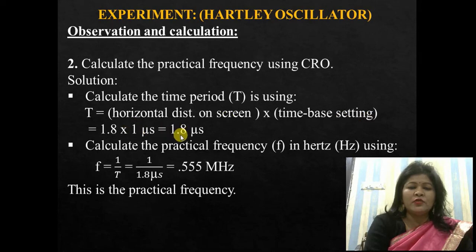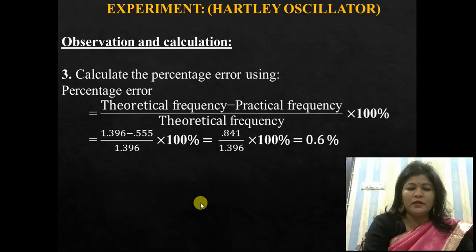So this is your 1.8 microsecond, and then you can calculate the practical frequency. So f is equal to 1 upon T, as you know. After calculating, the practical frequency is 0.555 megahertz. So this is your practical frequency.